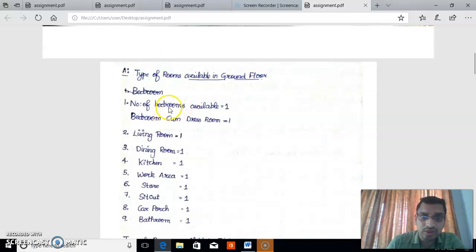Okay, so the bedroom cum dressing room, that we consider as a single unit. So in ground floor, one number of bedroom cum dressing room, then one number of living room, one number of dining room, one number of kitchen, one number of work area, one number of store, one number of sit out, and one number of car porch and bathroom. In ground floor, one attached bathroom is there, so one number of bathroom or toilet.